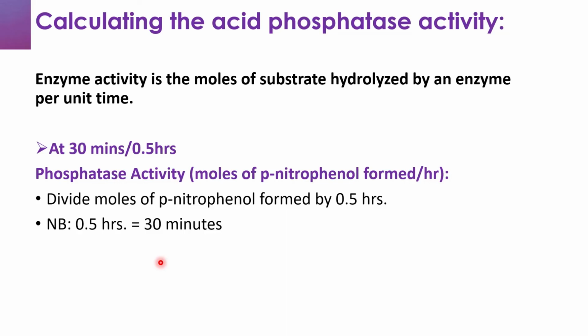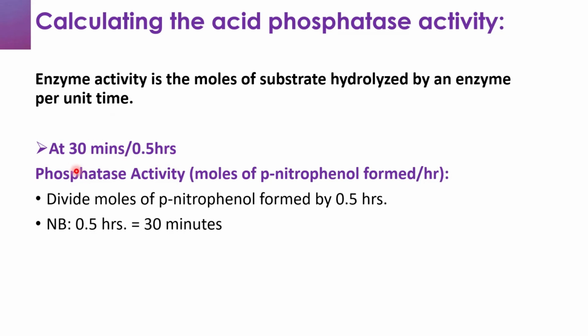Now let's see how to calculate our acid phosphatase activity. First of all, when we talk of enzyme activity, it's just the moles of substrate hydrolyzed by our enzyme per unit time. We did our incubation for 30 minutes, and 30 minutes is the same as 0.5 hours.